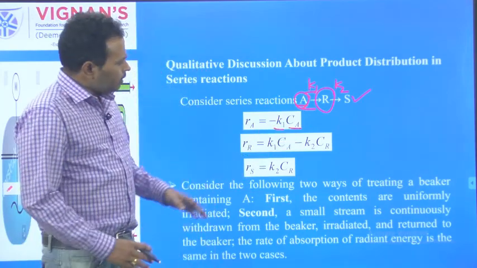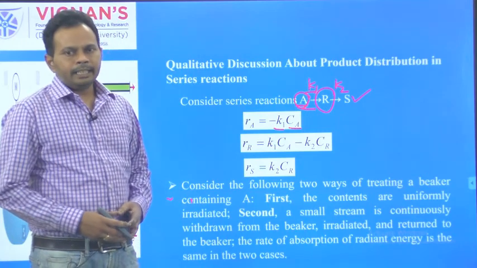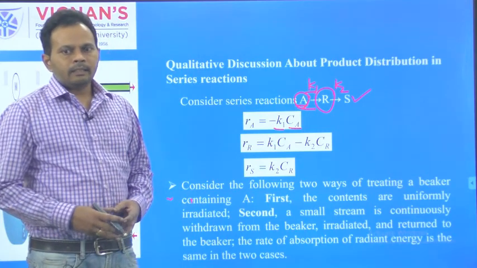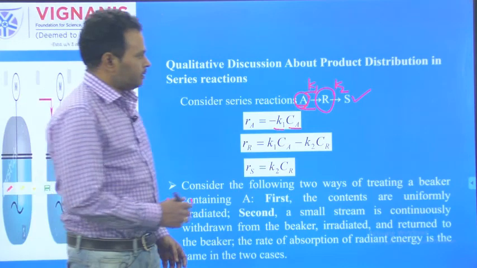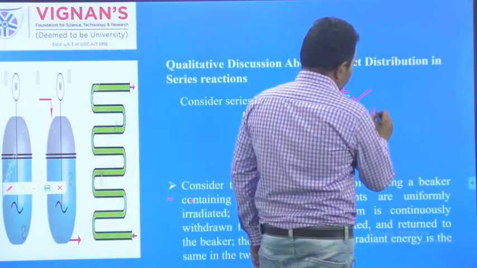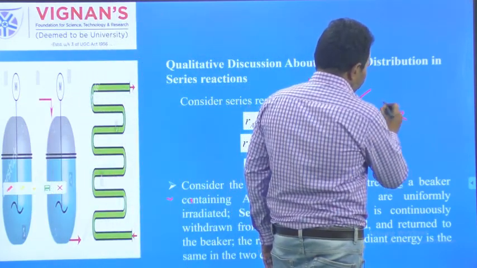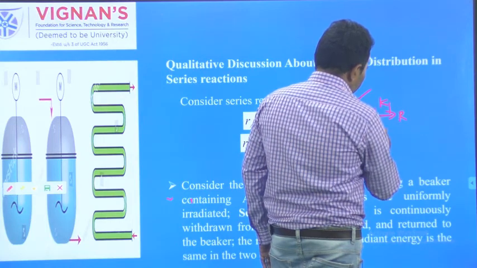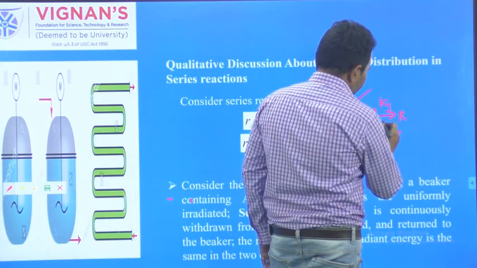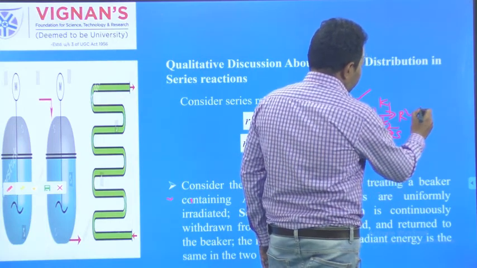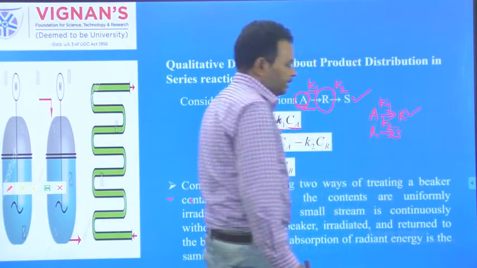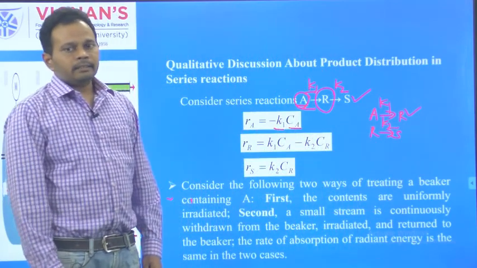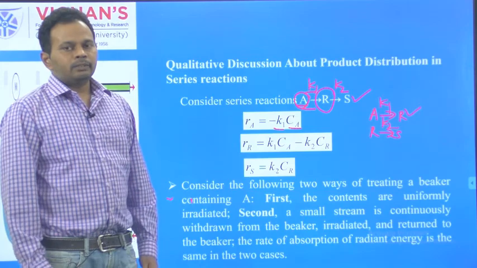Similarly, now write the net rate of formation of R. Why can we call it the net rate of formation of R? In the first reaction, A to R in the presence of K1, R is the product, and R to S in the presence of K2. So in the first reaction R is on the product side, so rate is positive. In the second reaction R is on the reactant side, so rate is negative.